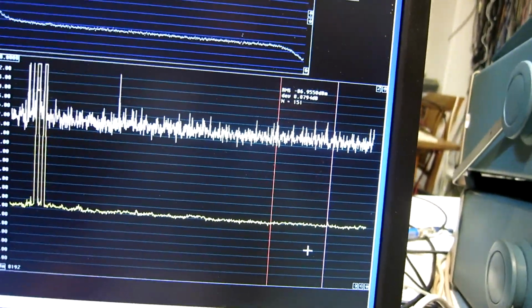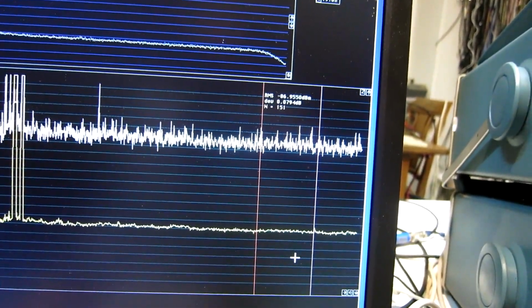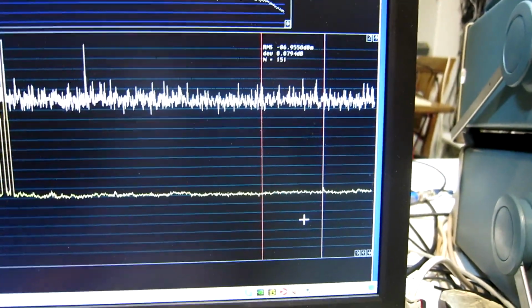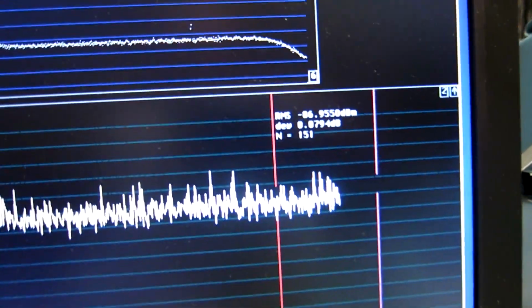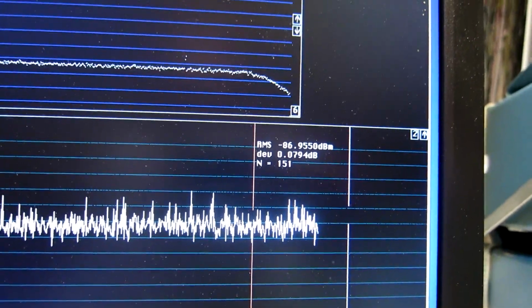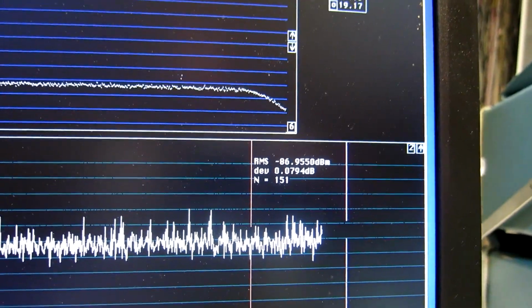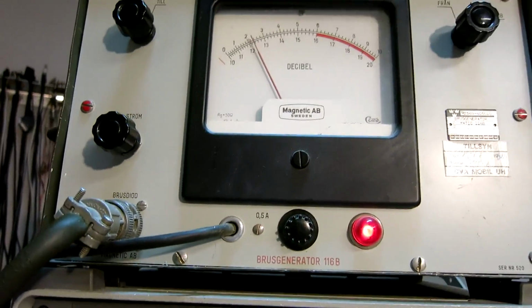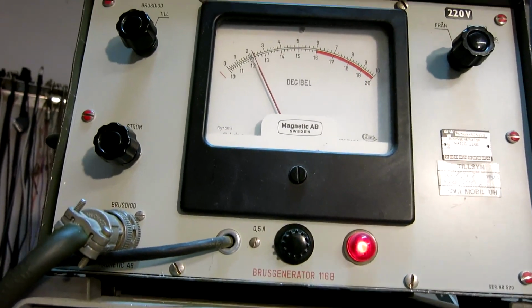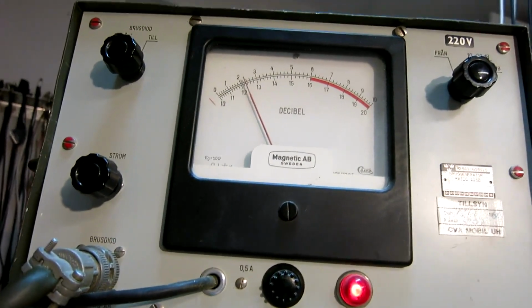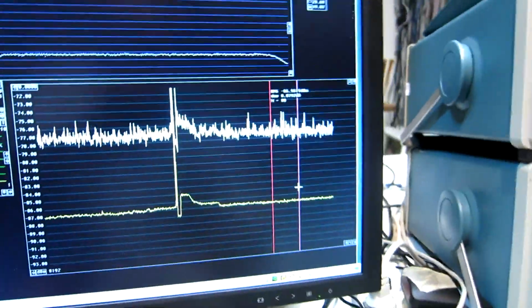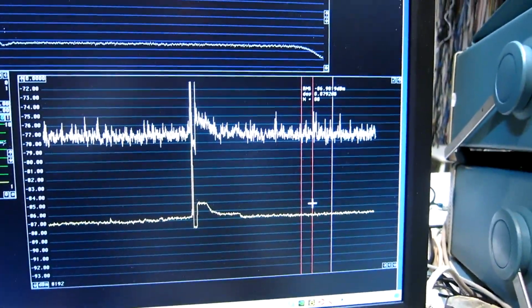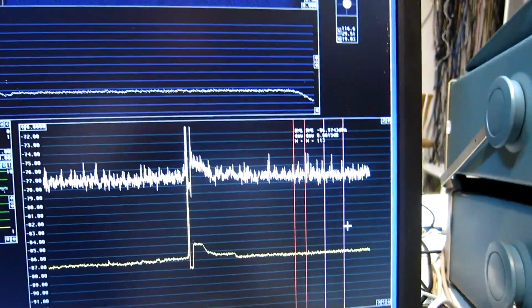The noise floor is less unstable now, but it is not perfectly stable, so there are more problems. The level is minus 86.95. To get the same level, I have to set the noise source to 2.3 dB above room temp, and that gives me minus 86.97.